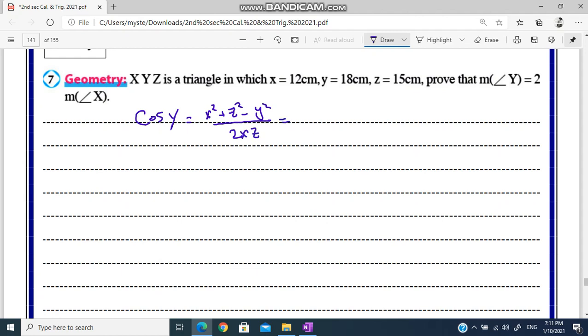So it will be 12² plus 15² minus 18² all over 2 times x, which is 12, times z, which is 15. So power 2.